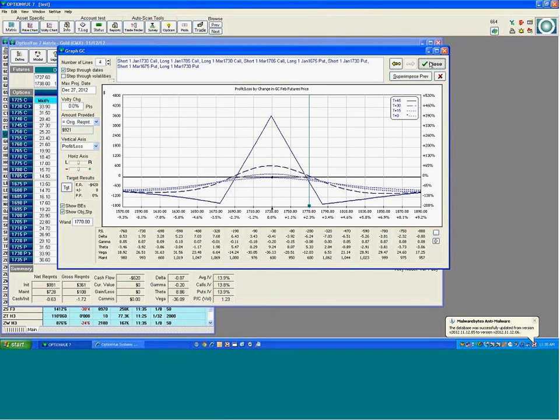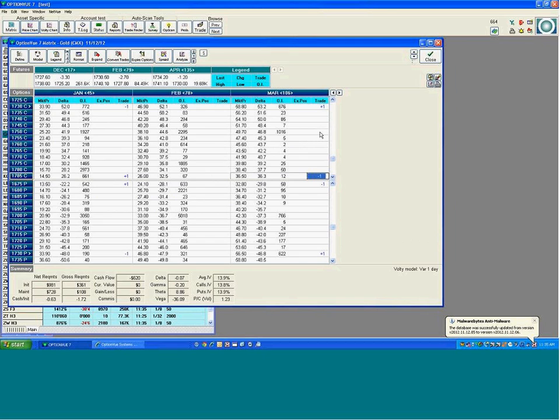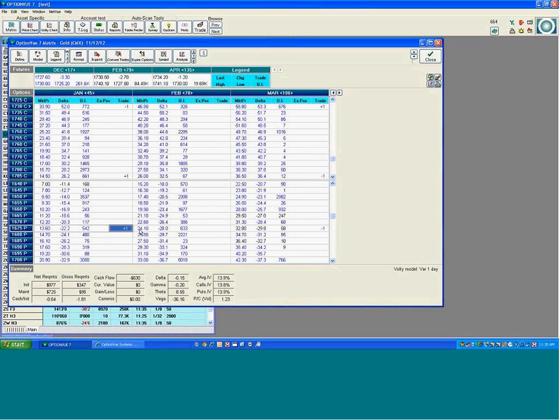Go back to the matrix. Vertical put spread collects a credit. We're going to be selling a put, and want to sell a long put that we have, just to keep things simple, sell this put and not buy the 1650 put to replace it.